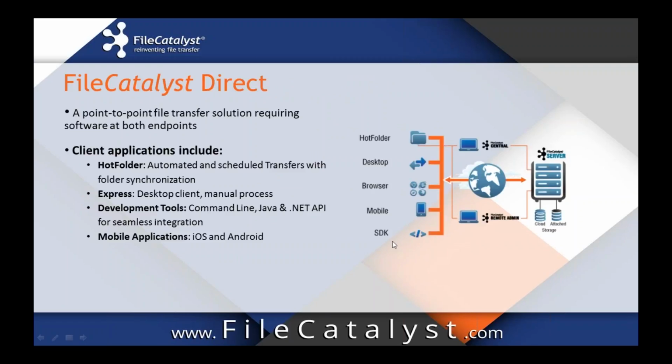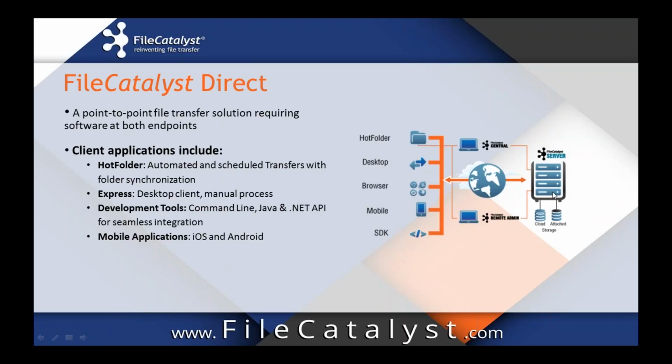Here's the idea of how Direct is deployed. We follow a similar pattern to what FTP is using. It's a client-server type of deployment, where on the one hand side you have the FileCatalyst server attached to your local storage, or if it's on the cloud, then it'll be attached to cloud storage, with the FileCatalyst server running on some cloud service.